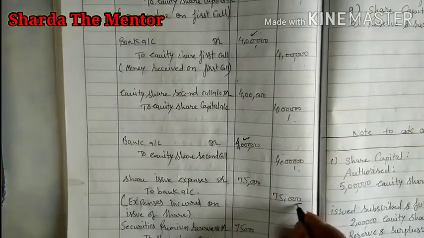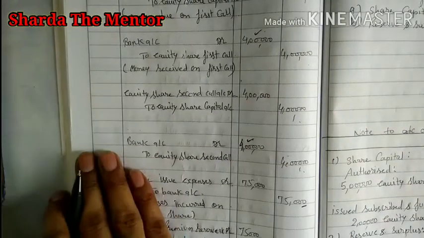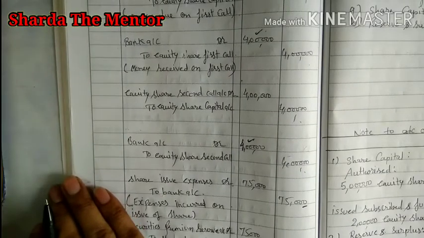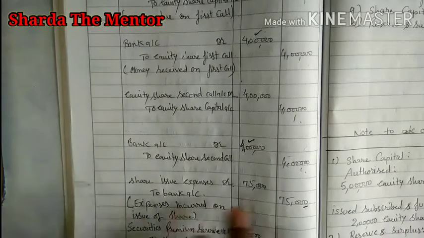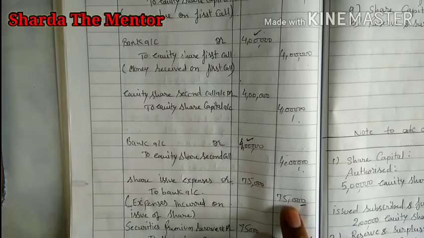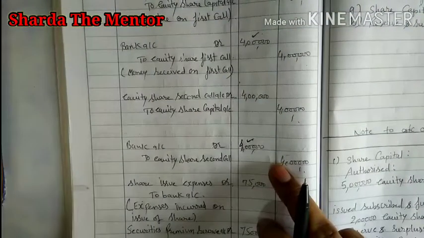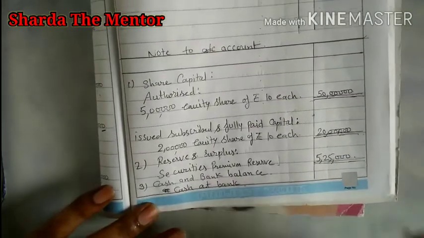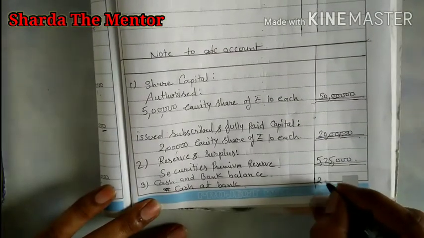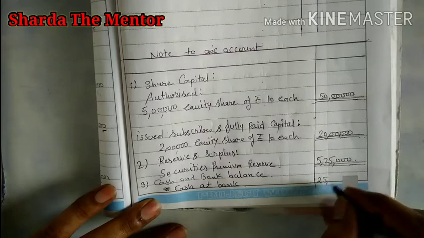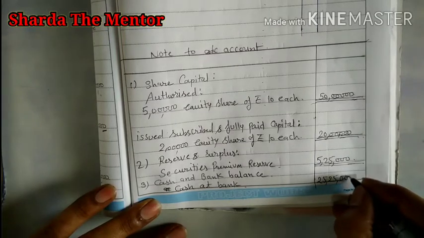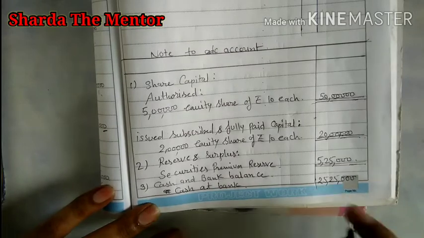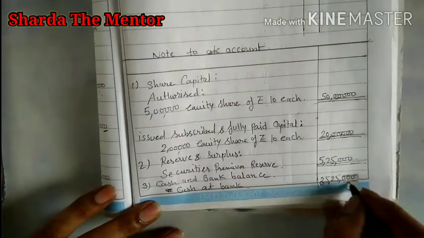Wherever bank is debited, that is the amount we have received, because when we prepare the bank account that amount will be debited, and here we have paid 75,000. So out of that you have to deduct 75,000. The total amount 26 lakh minus 75,000, so 25 lakh 25,000 remains. So that is our assets.